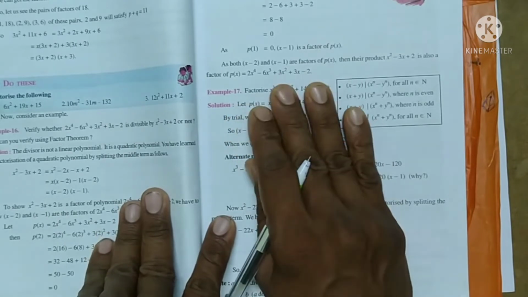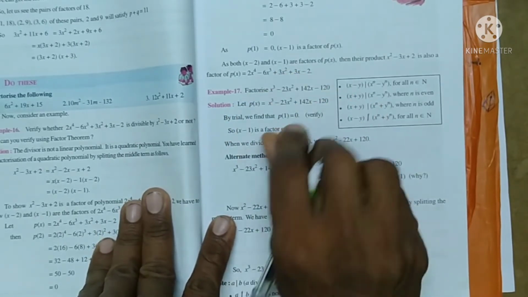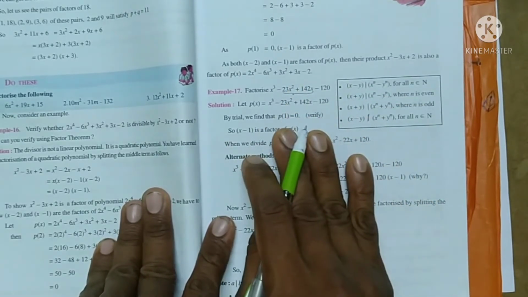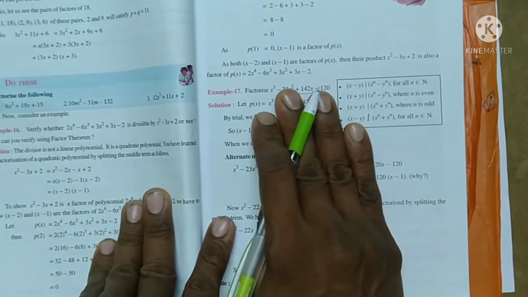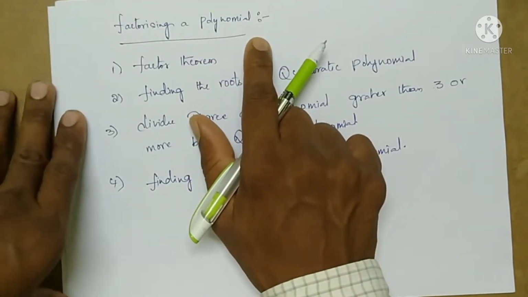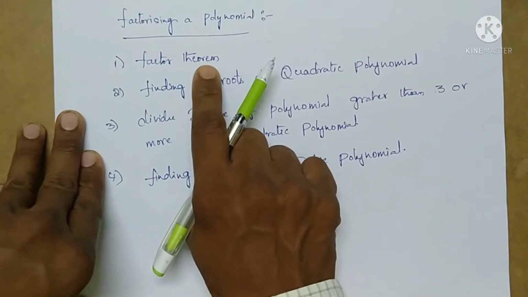factorize a cubic polynomial by using the middle term splitting method. So these are our topics today. Factorizing a polynomial: first is the factor theorem.